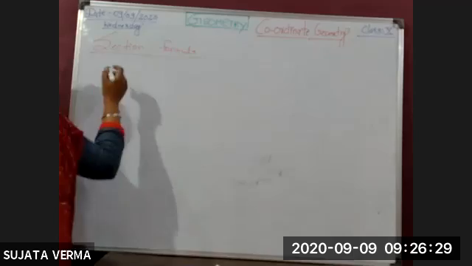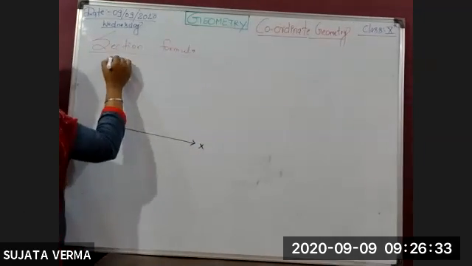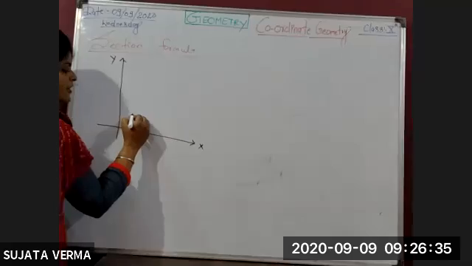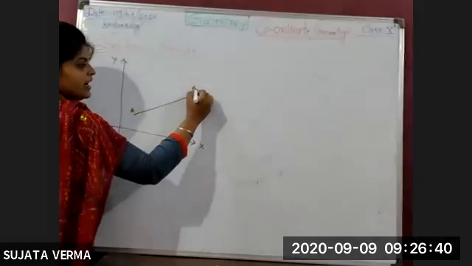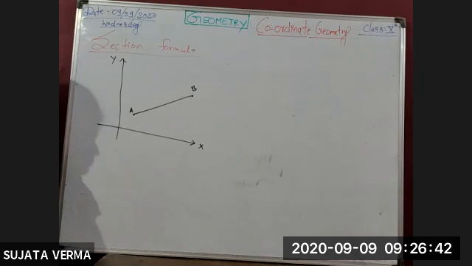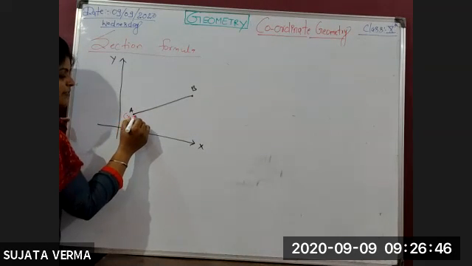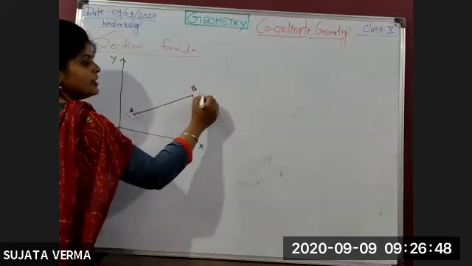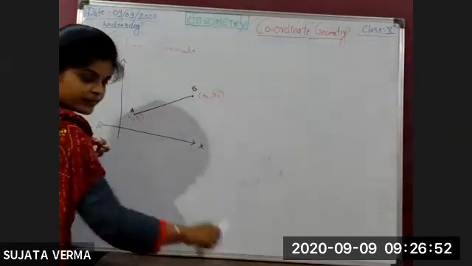Okay, here we consider axes, x-axis and y-axis. Okay, so we have a line segment A and B. Now the coordinates of A are x1, y1 and the coordinates of B are x2, y2. Clear?